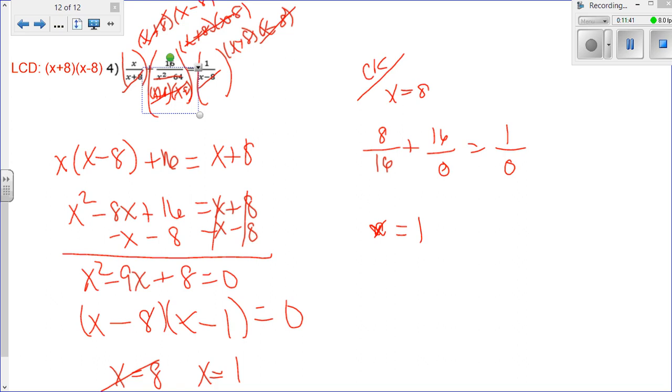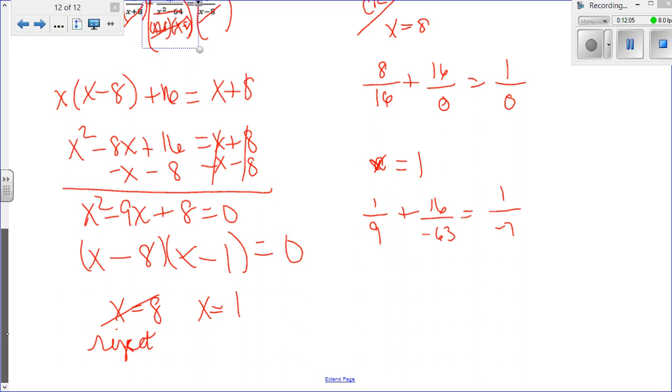So I'll have 1 over 1 plus 8 is 9, plus 16 over 1 squared is 1, so 1 minus 64 is a negative 63, equals 1 over 1 minus 8 is negative 7. So in order to add my fractions, I have to find an LCD. And an LCD for 9, 63, and 7 would be 63.